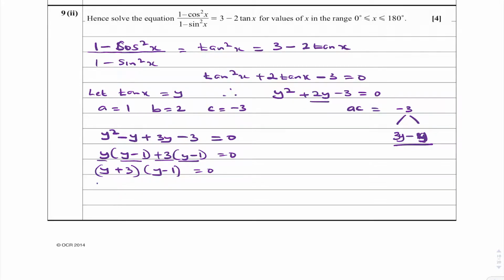So y plus 3 equal to 0, therefore y equals minus 3. And y minus 1 equal to 0, therefore y equals 1. So I now need to find the value of x.